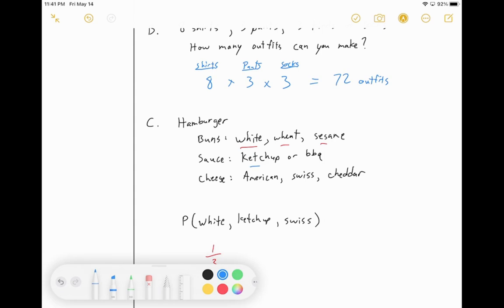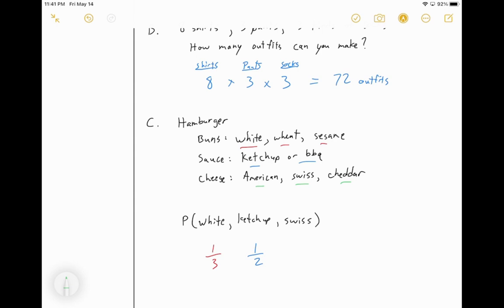Well, there are 2 sauces, so that would be 1/2. 1 out of 2, right? Because there are 2 choices. So you see what we're doing with the denominator on these. And what's the probability that you would have chosen the right cheese? Well, there's 1, 2, 3 cheeses, so that means 1/3. So let's do the math. Let's multiply these.